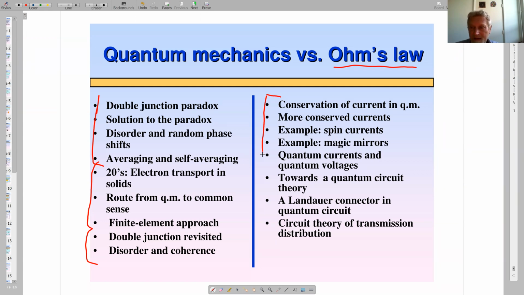And I will sketch for you a quantum circuit theory. Quantum circuit theory, which is in fact template for many concrete circuit theories addressing different aspects of quantum transport. I will talk in the end of the lecture about this template. Good.